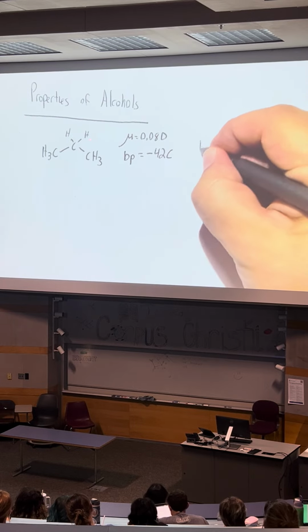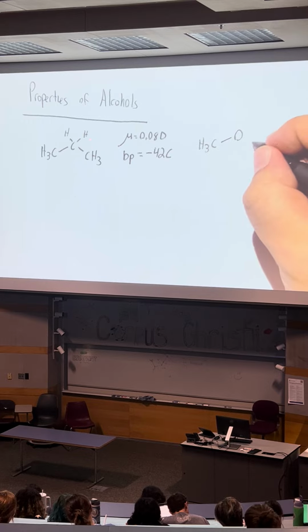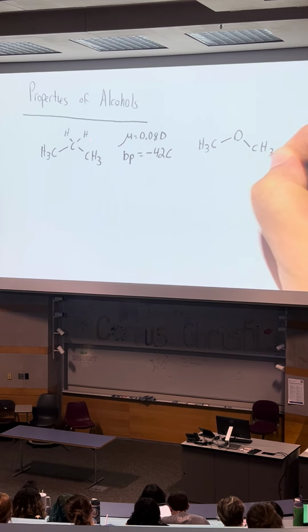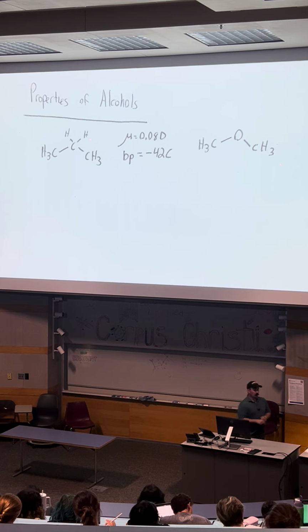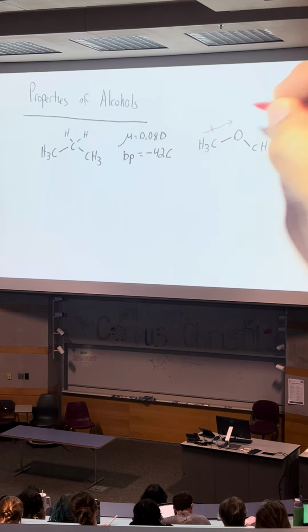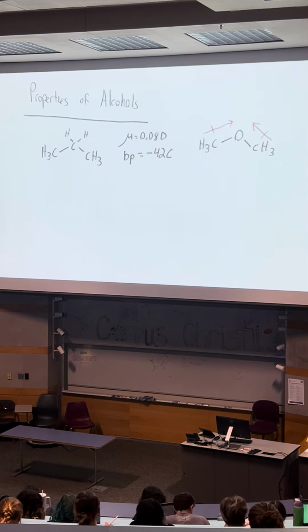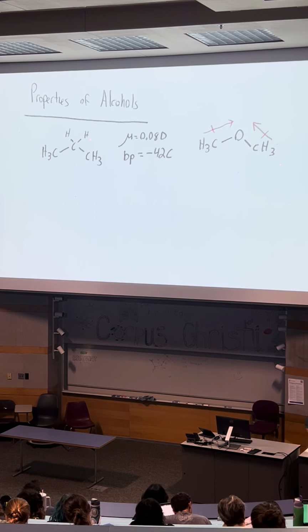Now, if you replace the central CH2 group with an oxygen, then this is dimethyl ether. So now we have a heteroatom. We have two polar covalent bonds where we know that oxygen is withdrawing electron density. So you have two polar bonds like that, which means you've got a vector straight up the middle pointing upwards towards the oxygen to generate a molecular dipole.